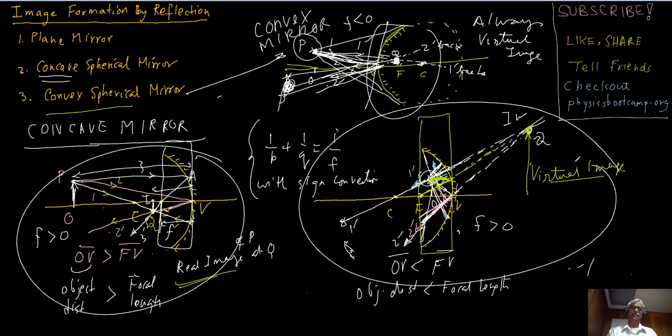In the next video, I'm going to try to do what is called the algebraic method. We're going to try to find these formulas, and rather than draw them out, once we find these formulas and the sign conventions that go with them, you always use the formulas. Formulas are good for solving problems, but drawing the rays is good for actually getting a sense of what's going on. So you should have that sense before you start to use the formula willy-nilly.